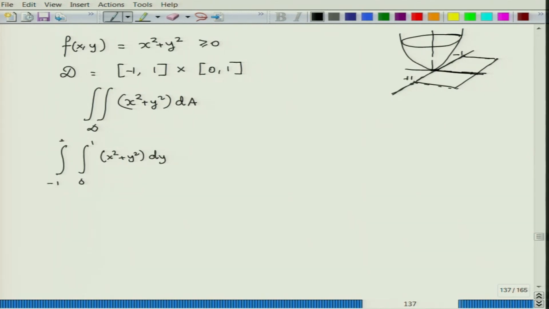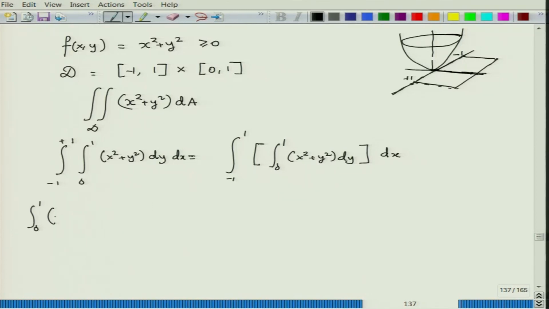So, first we evaluate with respect to only y. So, let us separately work this out.